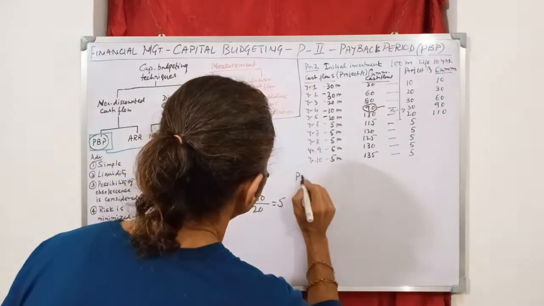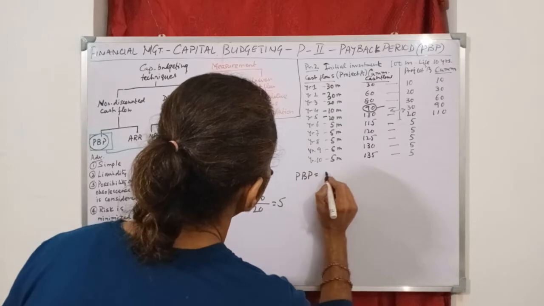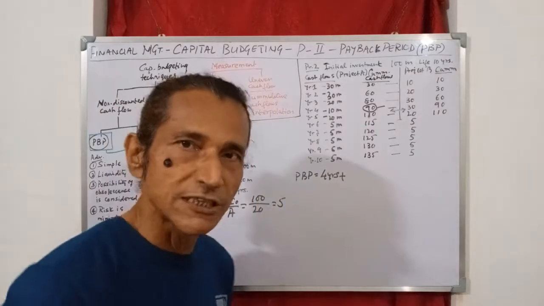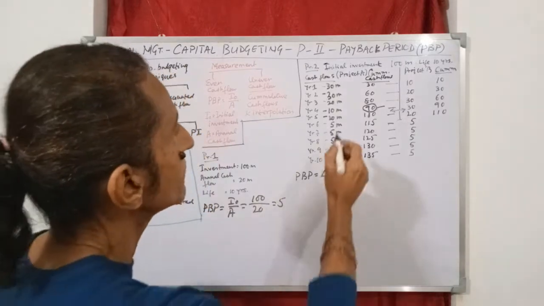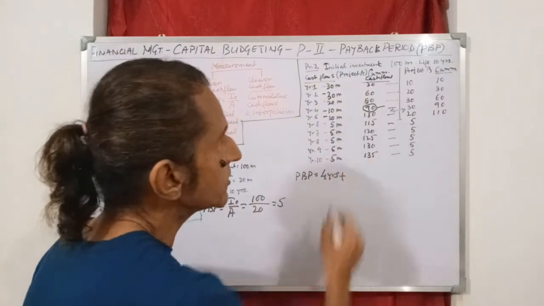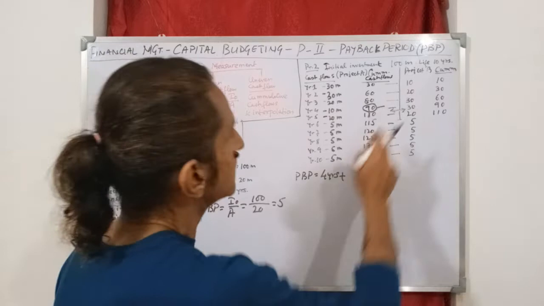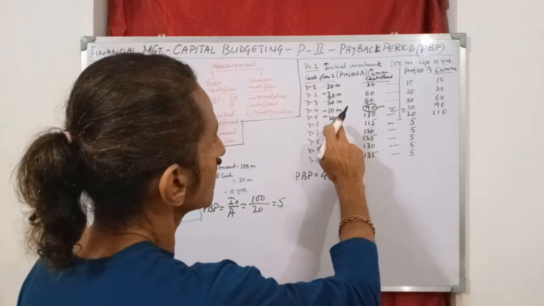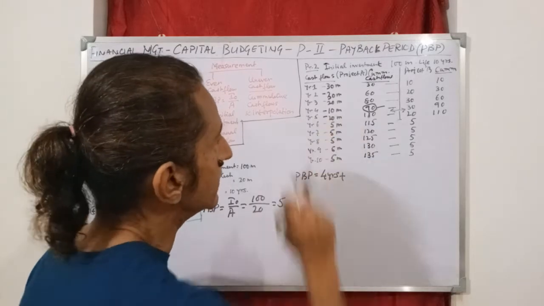So here PBP is equal to 4 years plus some months, because the full fifth year is not required, since only 10 million is left to be recovered and the cash flow in the fifth year is 20 million.